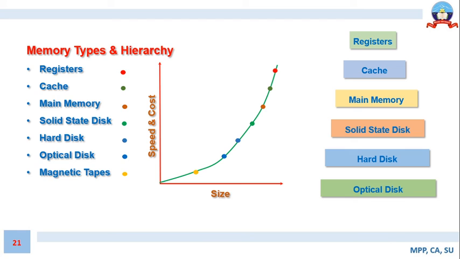We also learned that registers are very high speed memory, and magnetic tapes are relatively low speed and inexpensive memory. And then we learned about the way the data flows and the way the supplement or backed by is done. So cache and register interact, cache and main memory interact, main memory and solid state disk interact, and so forth. The other disks do interact with each other.